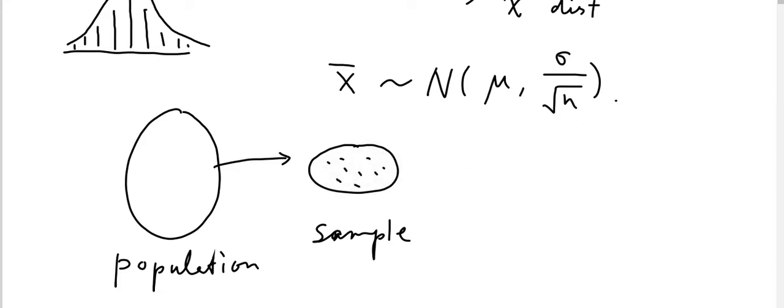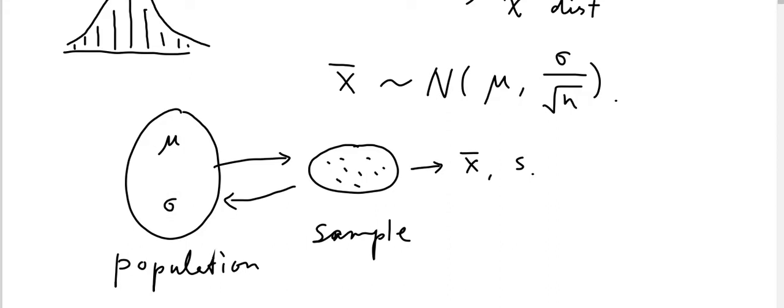From the sample we can find the sample mean and the sample's standard deviation, so we have information from the sample. Then our purpose is to estimate the information about the population: the population's mean mu and the population's standard deviation sigma.